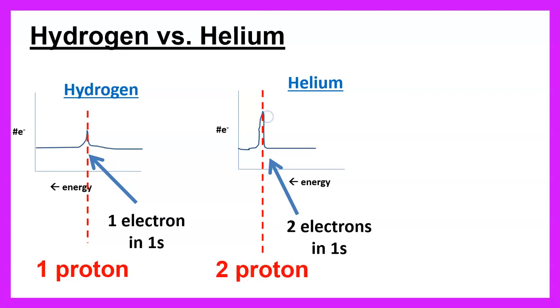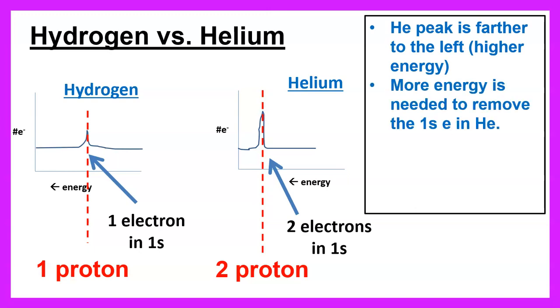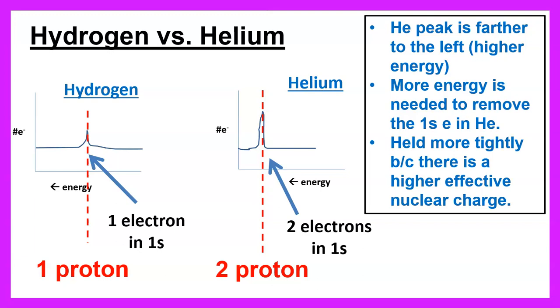My 1 proton versus my 2 protons, my nucleus is stronger in helium. It takes more energy to remove the electron in helium because of that higher effective nuclear charge. So they love to use PES data to see if you can explain and justify your periodic trends.